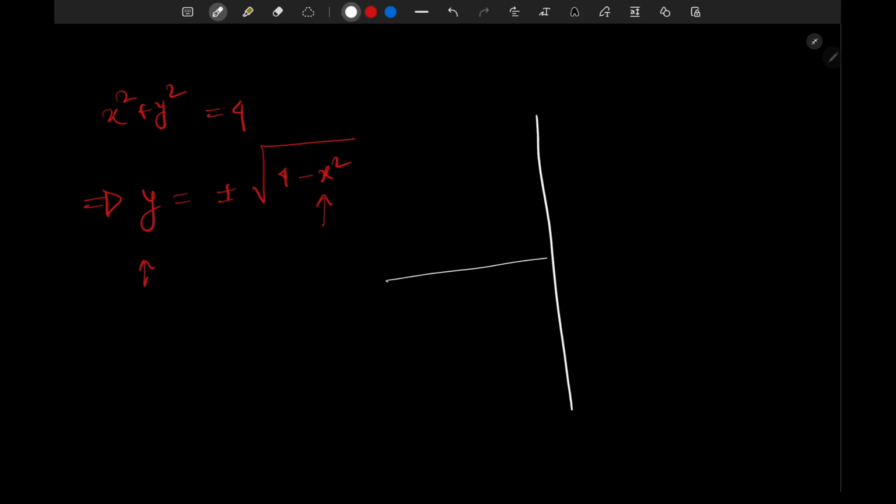Let's say this is again our xy coordinate, and this is how it will look like. We're not getting into details of the radius and the stuff, so everyone knows that. Anyone who has done coordinate geometry knows the radius of this circle will be 2 units, okay? So this is how you plot things.